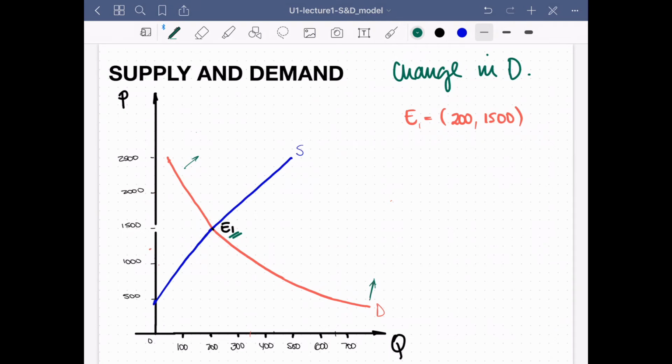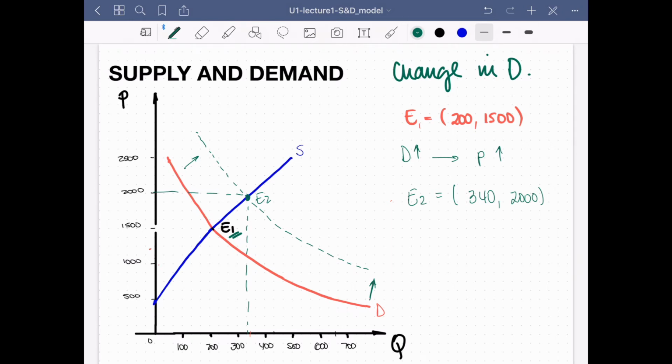Imagine that a big company moves to town and we have thousands of people now that are looking for rentals and the supply hasn't changed. So what we would say in this analysis is that an increase in demand will bring us to this point E2, where we have 340 houses roughly being rented at $2,000 each. An increase in demand when everything else stayed equal meant that we have an increasing price.